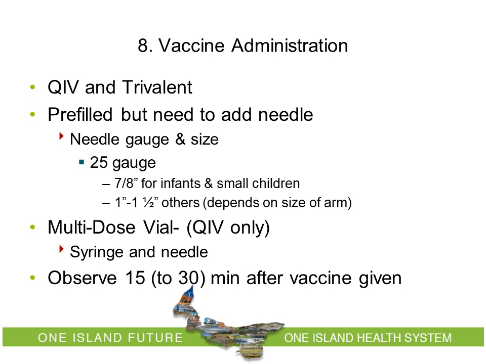Some of our QIV vaccine will be available in a multi-dose vial this year due to issues with vaccine supply. For this vaccine, both a syringe and a needle will be required.